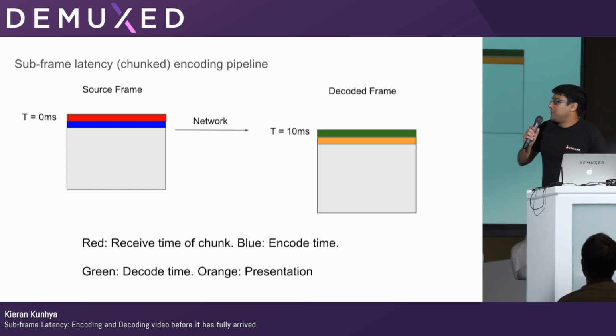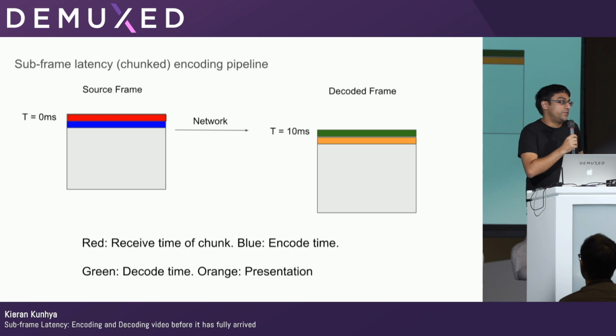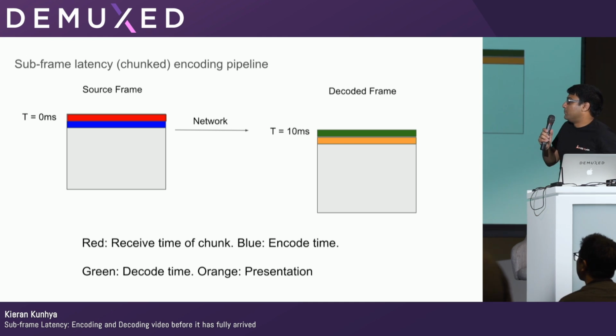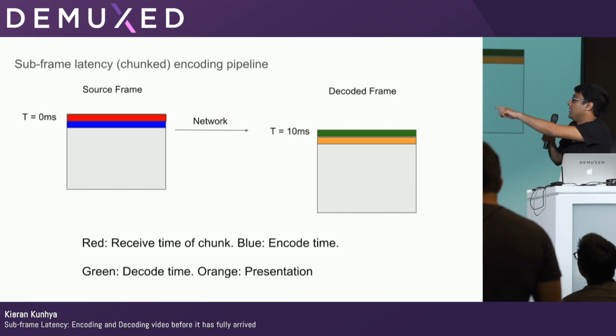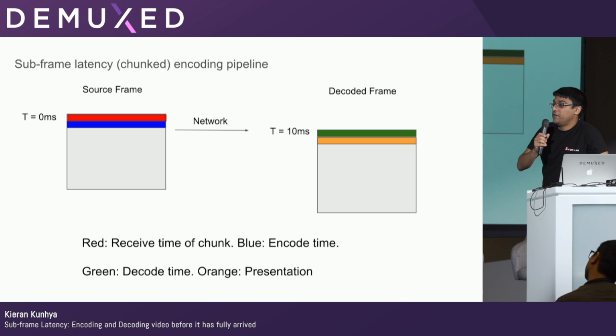About 5 to 10 milliseconds later, so I've added some buffering in to avoid jitter. This is not a hardware system, it's not a real-time operating system, so there is a little bit of jitter involved. In green, I then decode the frame, and then in orange, I present it. So this means I can have a really, really low latency on the order of lines.